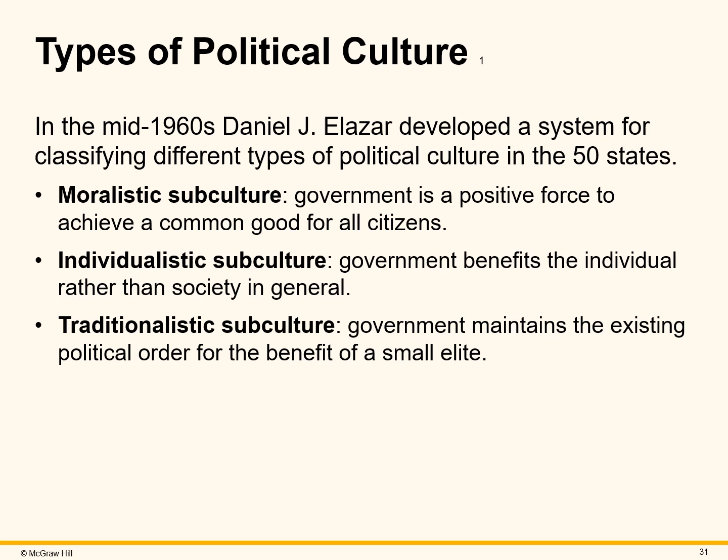So he came up with three. The moralistic subculture is where the government is a positive force to achieve a common good for all citizens. Individualistic subculture is the view that governments benefit the individuals rather than society in general. Traditionalistic subculture is where the government maintains the existing political order for the benefit of a small elite.